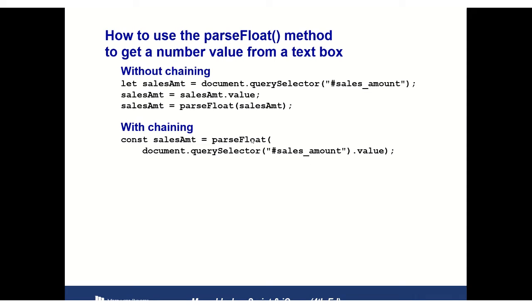You can parse float and then do document dot query selector sales amount dot value. There is no good way or bad way of writing the code. It all depends on your comfort level. Whatever way you want, you can write it. But I recommend that you practice these chaining and non-chaining methods within your code, so you learn.